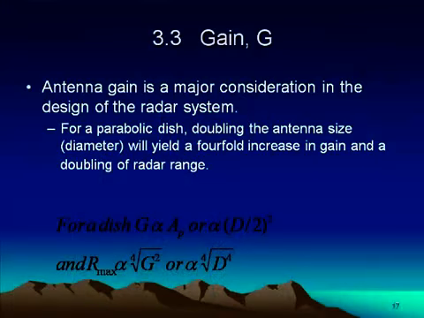Then we will see what is the effect of the antenna gain. Antenna gain is a major parameter of interest in this because it comes into play in two instances. While the power is being transmitted, the antenna gain will try to concentrate most of this towards the target.